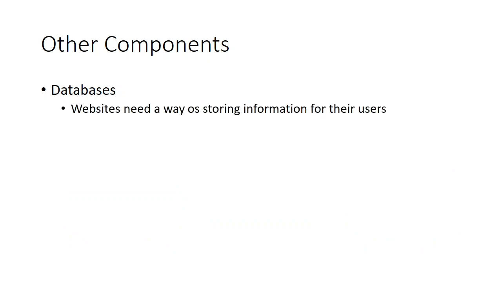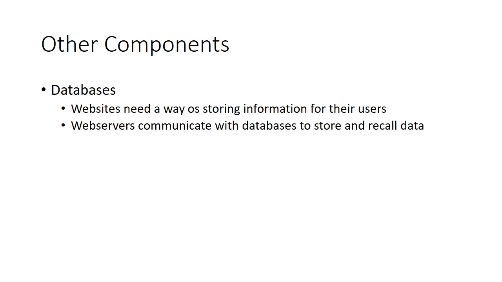Next component is databases. Often websites will need a way of storing information for their users. And web servers can communicate with databases to store and recall the data from them.